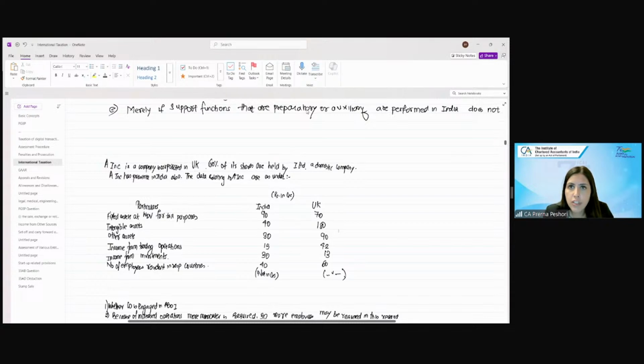Whether the company is engaged in active business outside India or not. So for that, what did we see? What were the conditions? The first condition was that the passive income should not be more than 50% of the total income. So what is my passive income over here? Income from trading operations. Is it the passive income? And do you have to take the Indian income, or the total income, or the UK income? What do you need to do? I'm waiting for your answers.